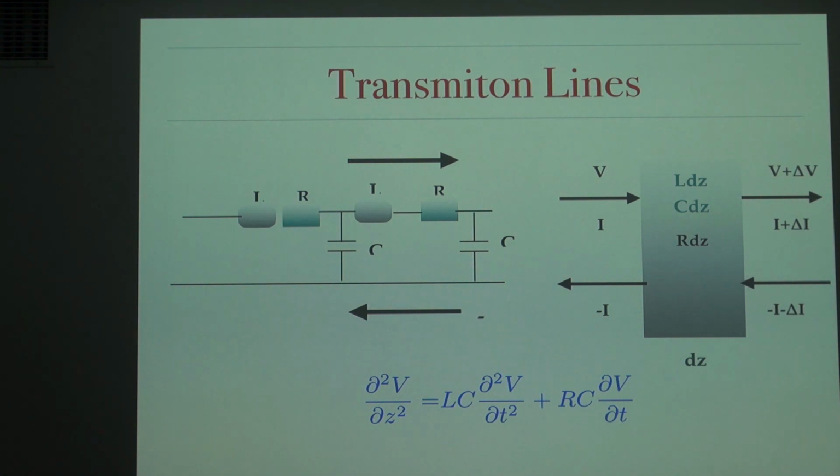So I have to repeat now my calculation with the same slab, but that slab, in addition to the inductance, conductivity, and capacitance, will also have the resistivity. And if I do this, then my equation will contain not only the second derivative of the voltage with respect to time, but also the first derivative. So this is the equation which we have already seen at the beginning, and this is the telegraph equation.